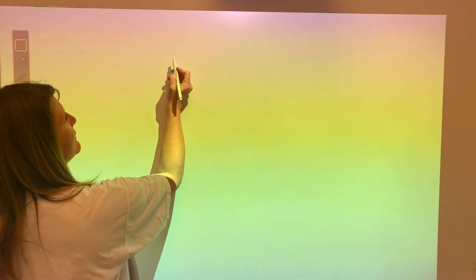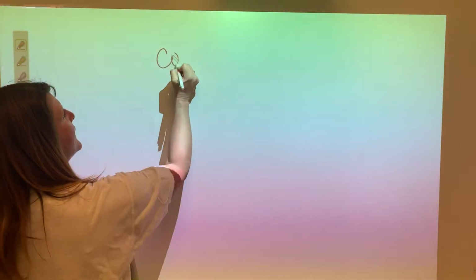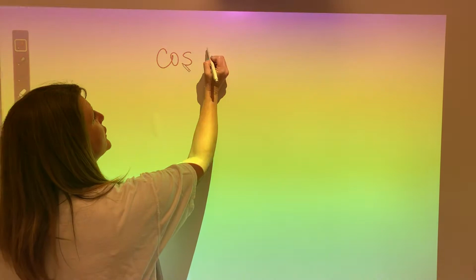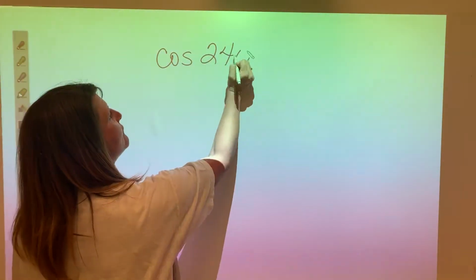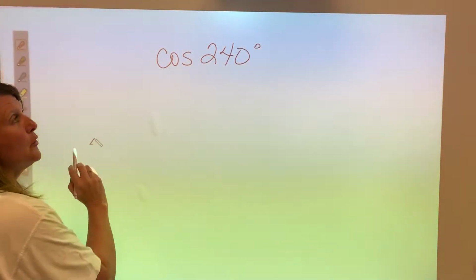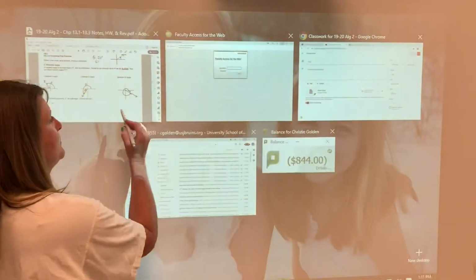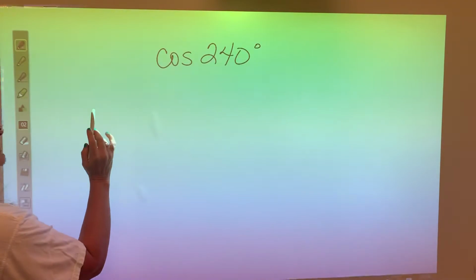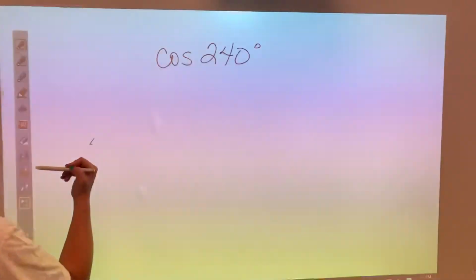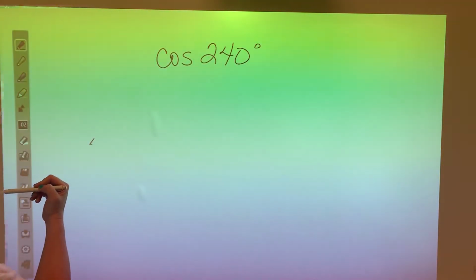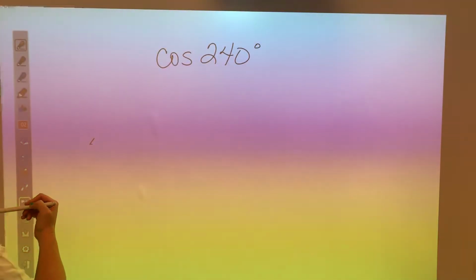Let's go find the cosine of 240 degrees. So what I'm going to do, okay, clearly my light pen is kind of going crazy for a second.